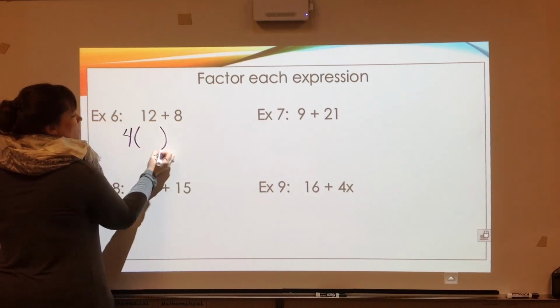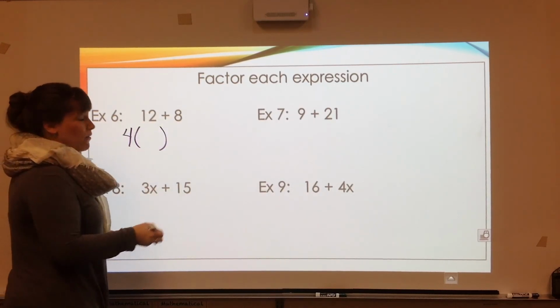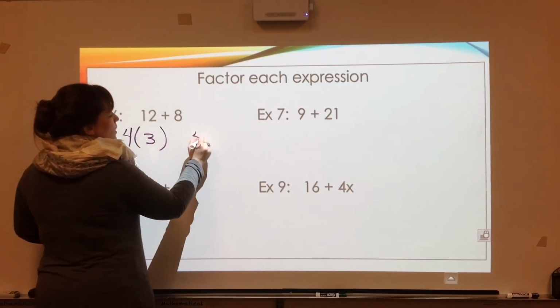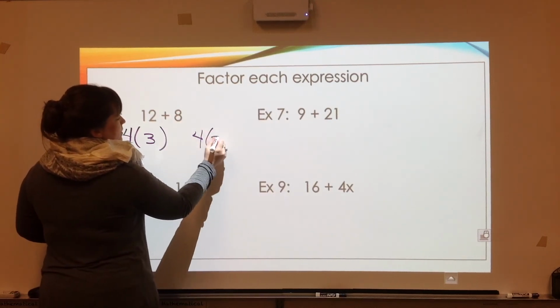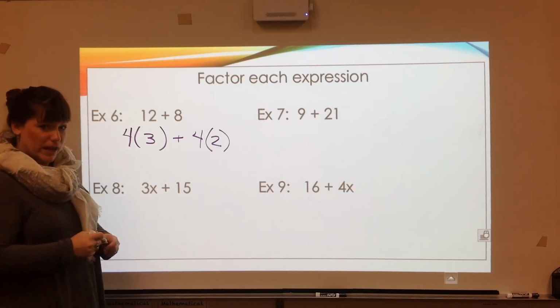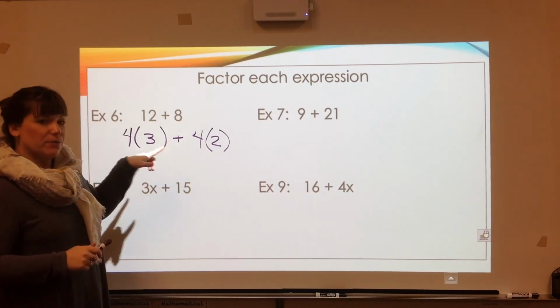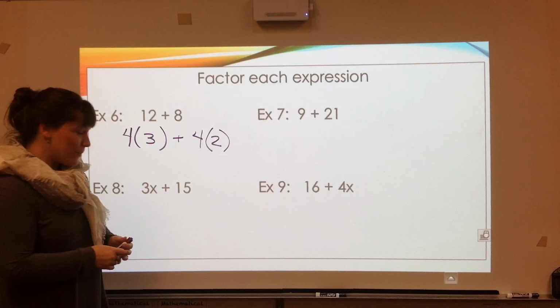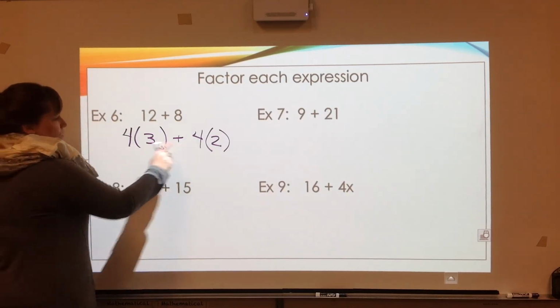So now I'm going to think, what times 4 is 12, and it is 3. And what times 4 is 8, and it is 2. We are adding these two together. Now we can rewrite this using the distributive property. We don't have to put the 4 twice.